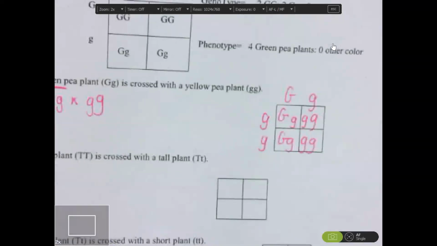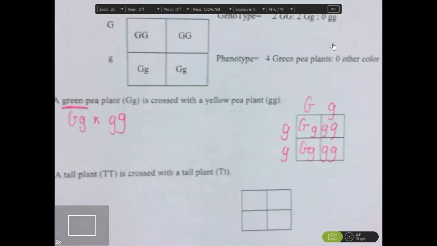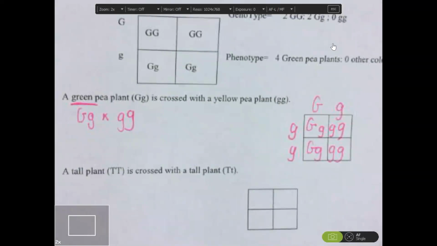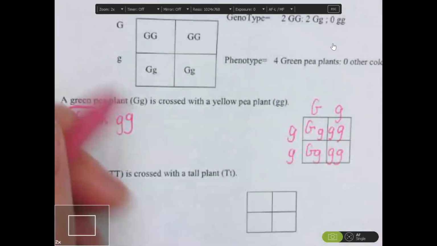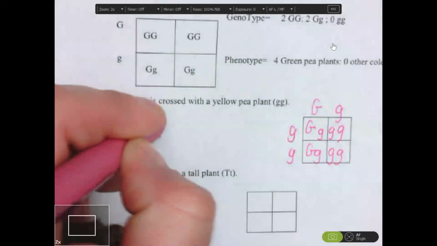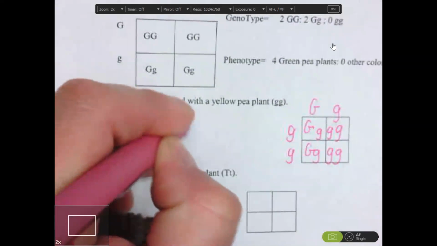So now I want to do my ratios. Remember, I need a phenotypic ratio and a genotypic ratio, and I'm going to list all possible outcomes, even if they may not exist in my Punnett square. Let's do the phenotype first.